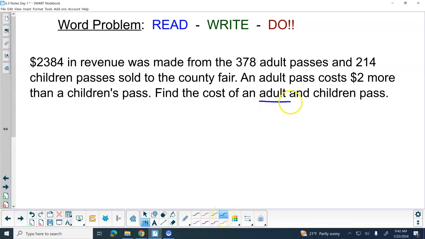So we've got an adult pass and a children's pass. Let's go with A is adult and C is children's. So I came up with two variables, which means I've got to come up with two equations.